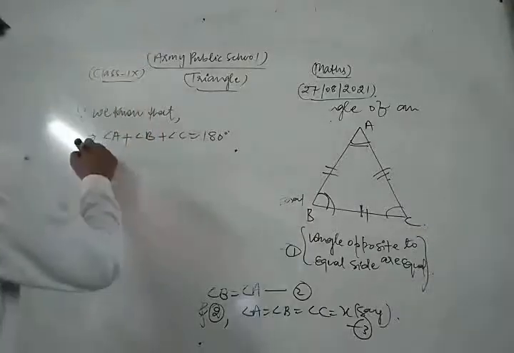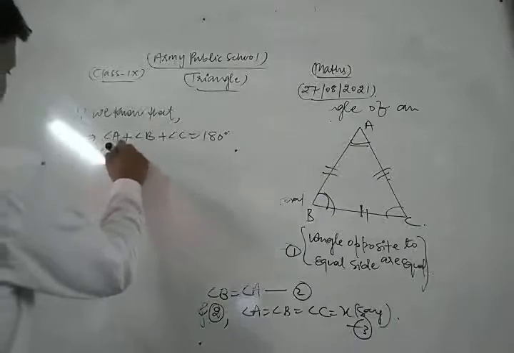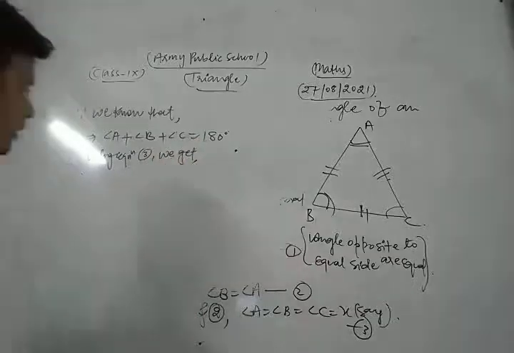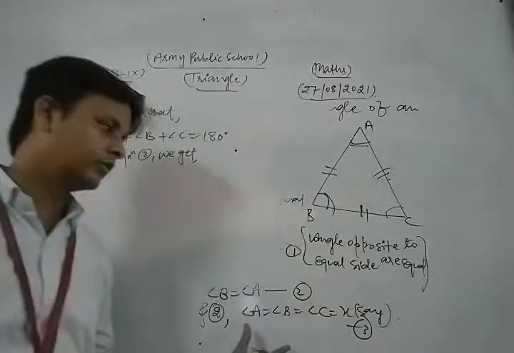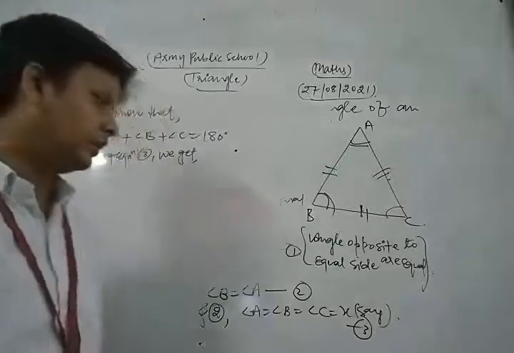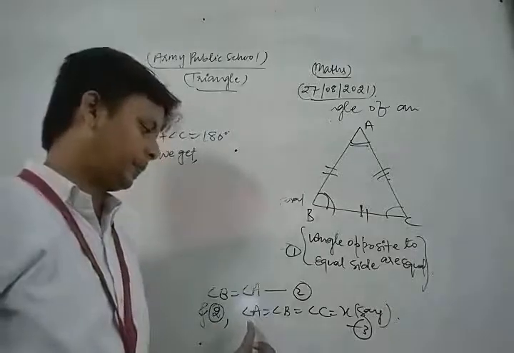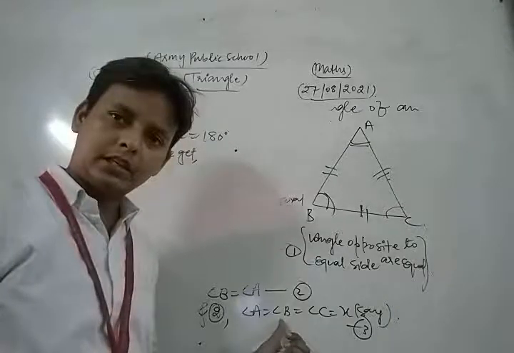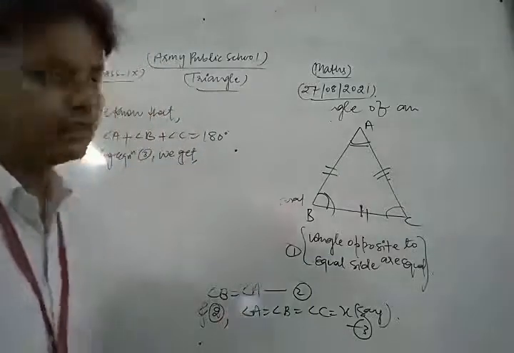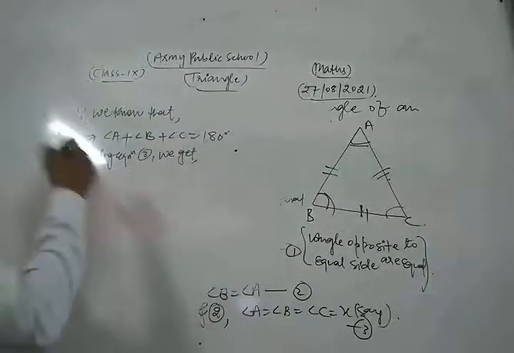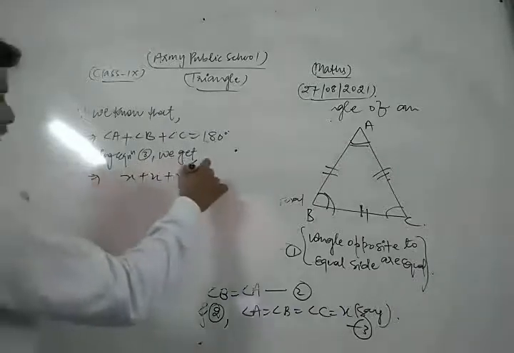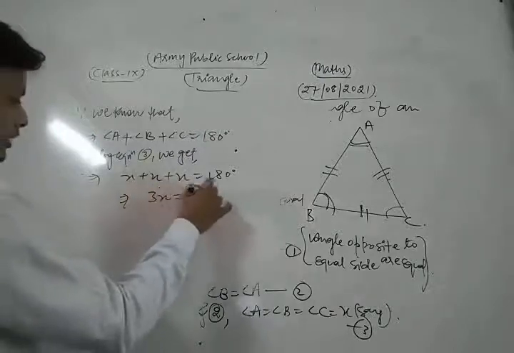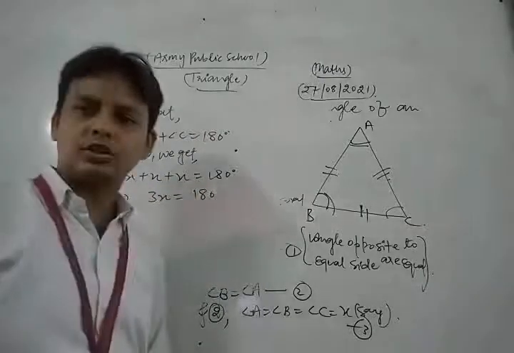Thus, using equation 3, angle A is equal to angle B is equal to angle C, each equal to x. So here we put x plus x plus x is equal to 180. Thus 3x is equal to 180.